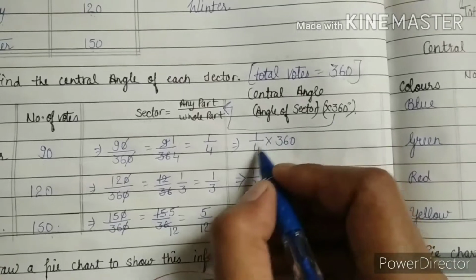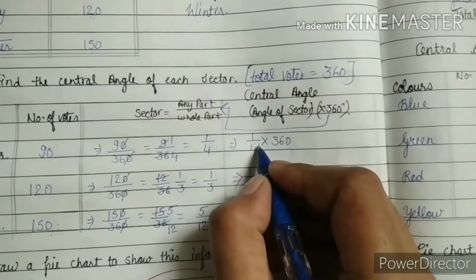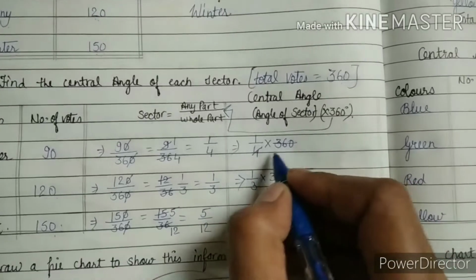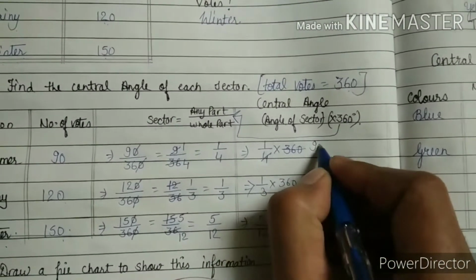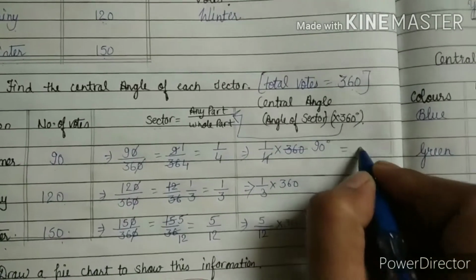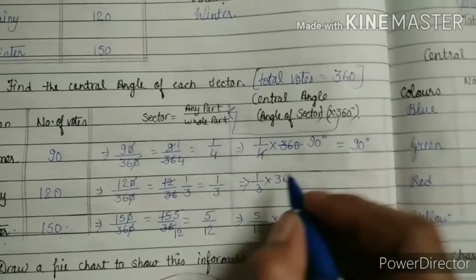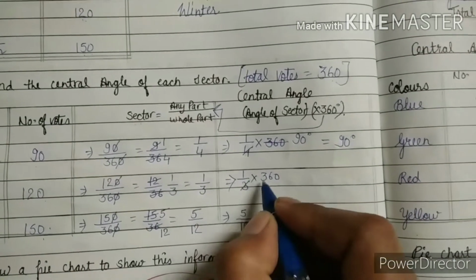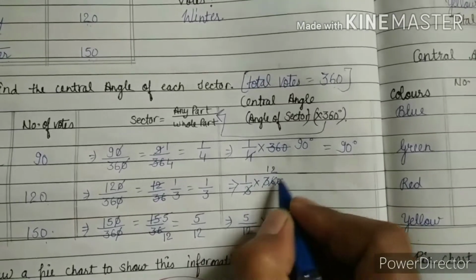Now when we reduce from the table of 4 to 360, it will give us what? 36 will come in the table of 4 9 times and 0 as it is. So its angle is 90 degree. Okay. Now from the table of 3 will go 1 time, 6 will go 2 times and 0 as it is.